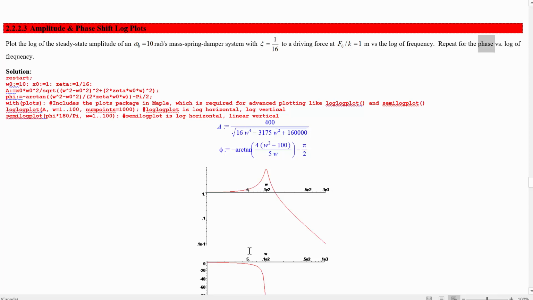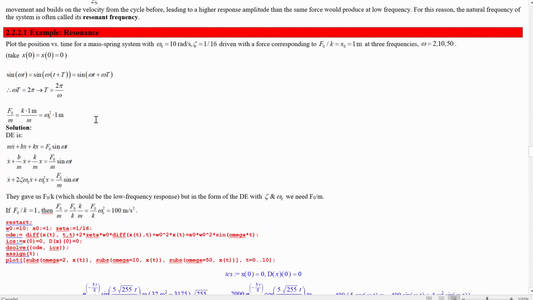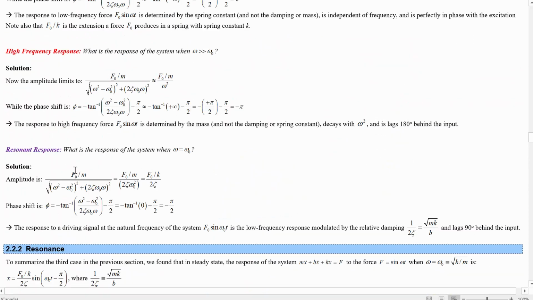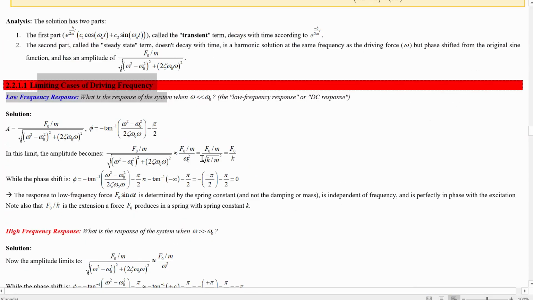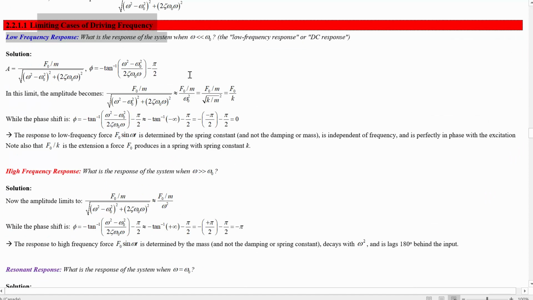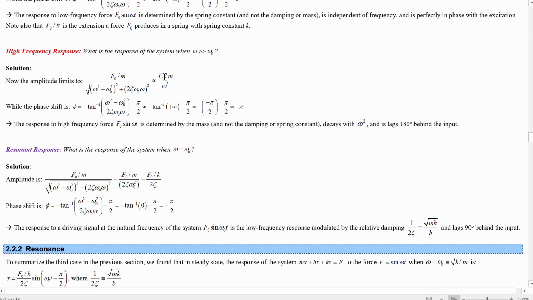So these are the things that we worked out. We worked out the amplitude earlier, where was this? In this stuff here. When we substituted in limiting cases of driving frequency, low frequency response limits to this and no phase shift. High frequency response limits to this amplitude and that phase shift, and resonant response limits to this amplitude and a pi by 2 phase shift.